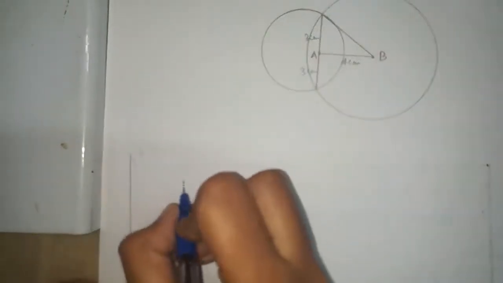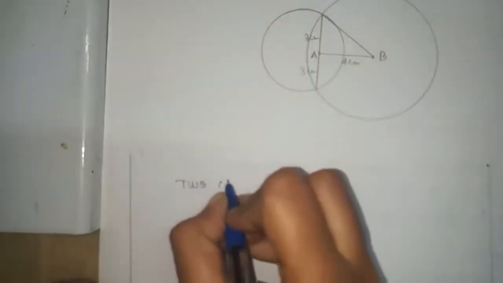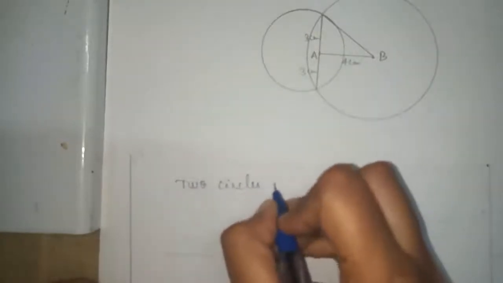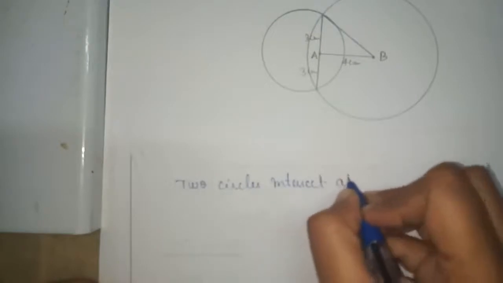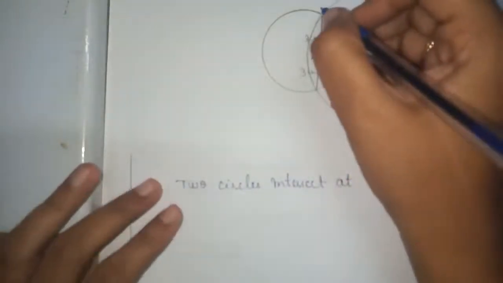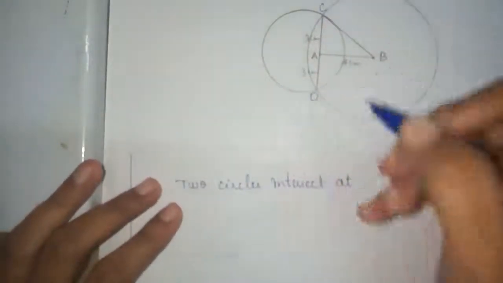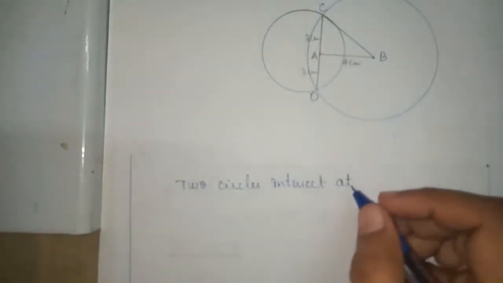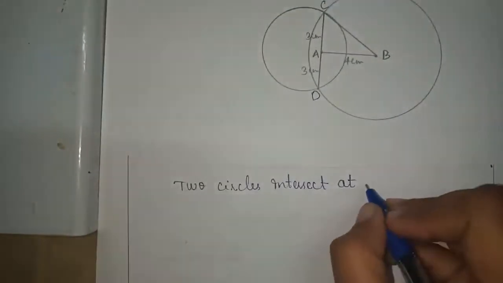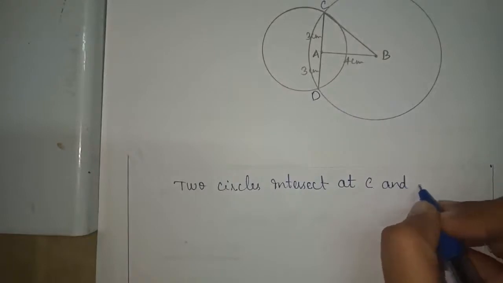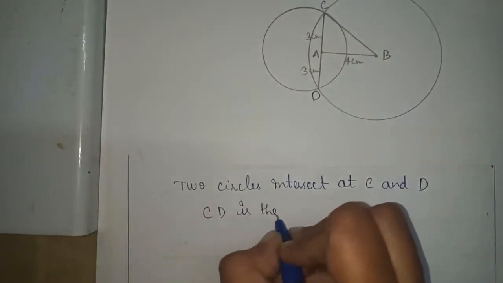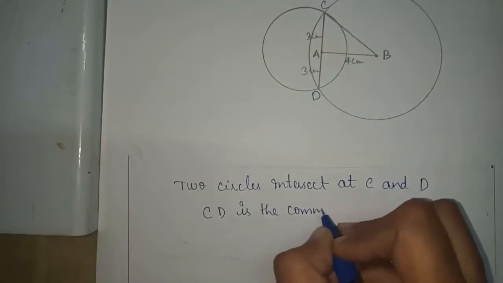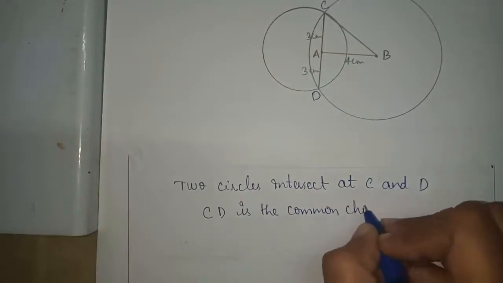Here we can see two circles intersect here, so these points are C and D. So the two circles intersect at C and D. So CD is the common chord for both the circles.